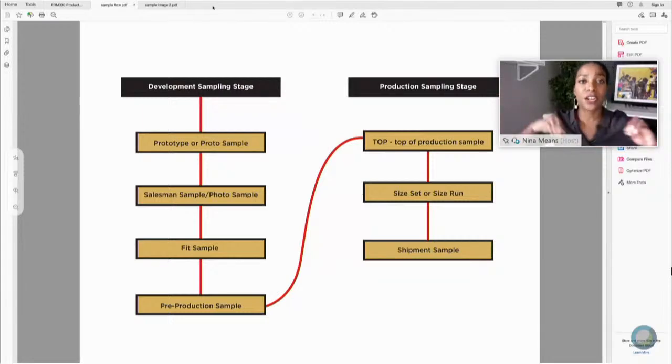So they will do a random sample of what's happened in production, maybe 20% or 30% or 10%. It just depends on your company, it depends on the volume of the business. And then some places will do a 100% quality assurance check. But that shipment sample, what's coming out, is key. It's really, really important.